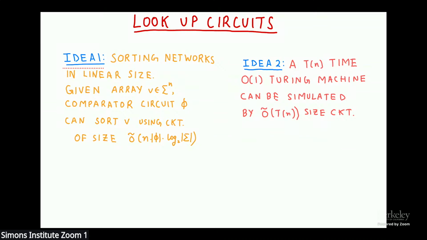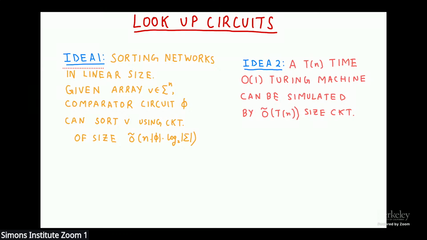There are two ideas, and I'm not going to give citations because these works are so classical. The first amazing result in TCS, which I'm going to use, is the fact that you can sort arrays with linear size circuits. There's the AKS sorting network, and lots of work here.